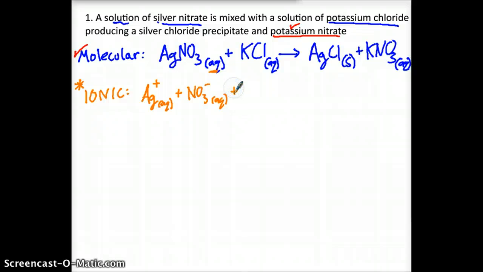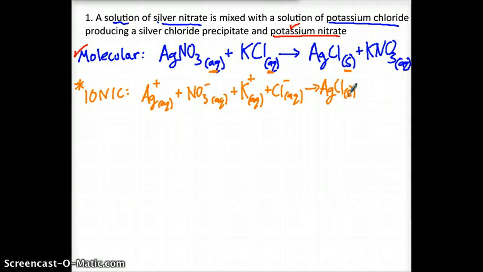Okay, what about the next compound? Can KCl ionize? Yes, it's a solution. So the ions it's going to split into are K, which is a group 1 element, so K+ aqueous, and Cl- aqueous. Okay, let's go to the next compound. AgCl, can this ionize? No, it is a solid, which means it cannot ionize. So we would just write it as AgCl solid. We do not do anything to the solid.